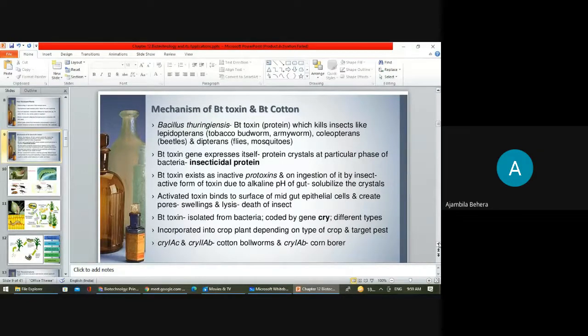In case of coleopterans, beetles; dipterans, flies and mosquitoes. So these are the different kinds of insects that damage our crop. And in order to ward off these insects, generally we go for the gene transfer of the BT gene. We transfer the BT gene to these different kinds of crops.